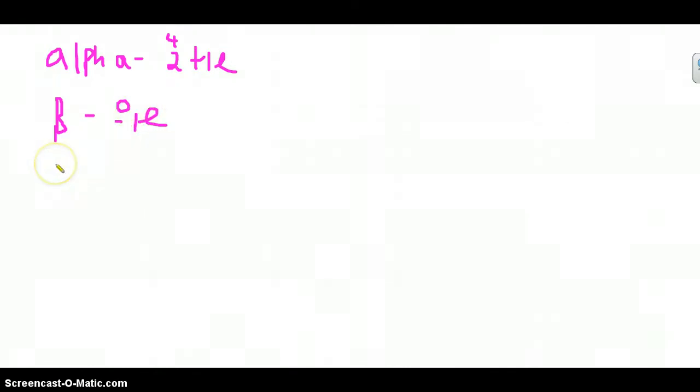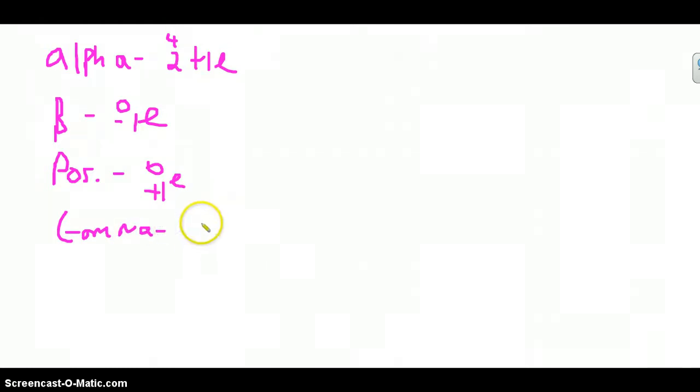We also have the positron, which is like an electron but positive, so 0, plus 1, e. We also have gamma, which is the symbol gamma, with 0 and 0. It's usually neglected because it has no charge and no mass at the same time.